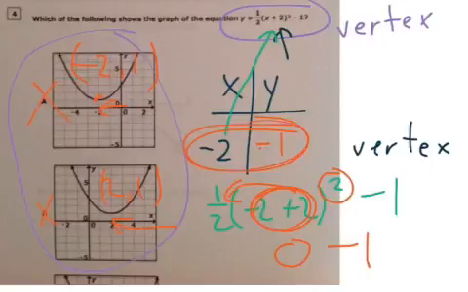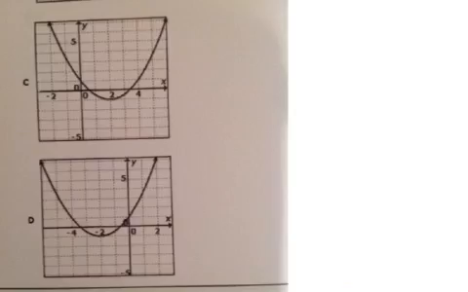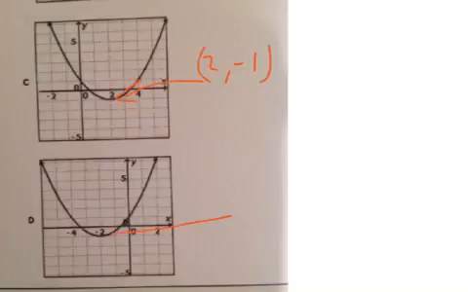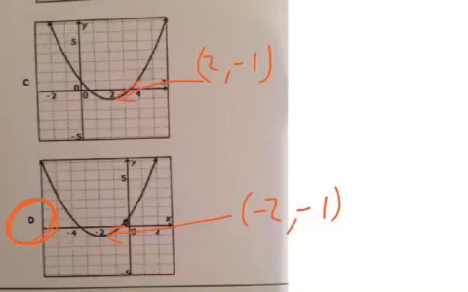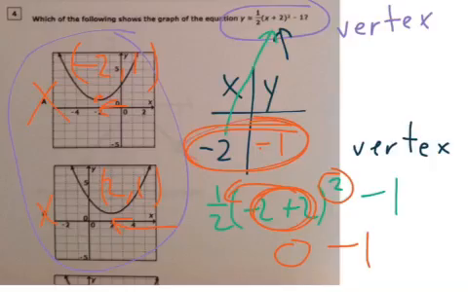Remember, we're looking for negative 2, negative 1, right? So looking here, notice this one has it at 2, negative 1. And then finally, this one here has it right at negative 2, negative 1. So guys, I hope you agree the only choice we really have is D, because remember, that's the only one that has this correct vertex right here, right?